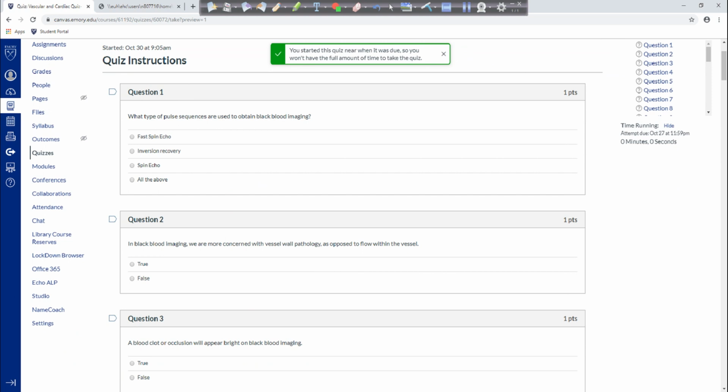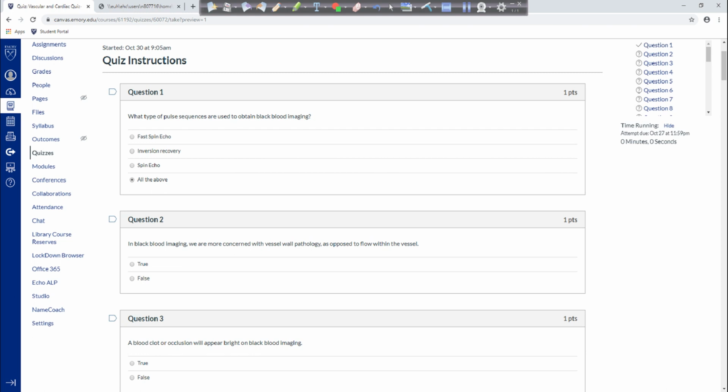All right, first one. What type of pulse sequence are used to obtain black blood imaging? So the first one is all of the above. So remember with black blood imaging, we're usually not able to catch fast flowing blood because we have a 90 and a 180 degree refocusing pulse.